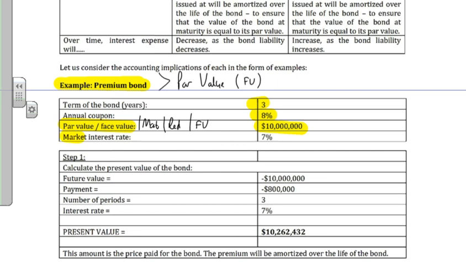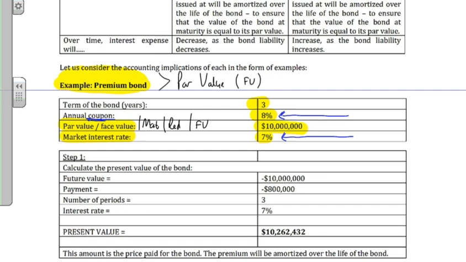The market interest rates at this point in time are 7%. Now you can see why, by the way, it's called a premium bond, because look over here. What are the interest rates in the market at the moment when we issued the bond? 7%. Why will this particular issuer be prepared to pay a coupon of 8%, more than the market is paying?